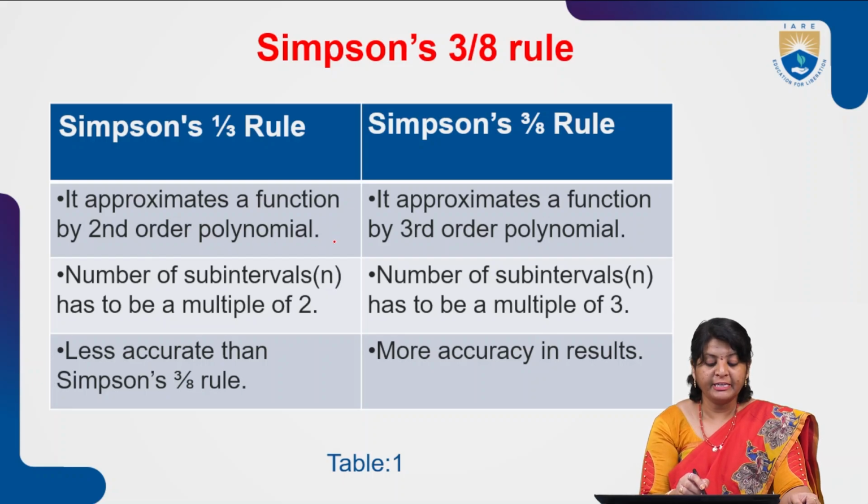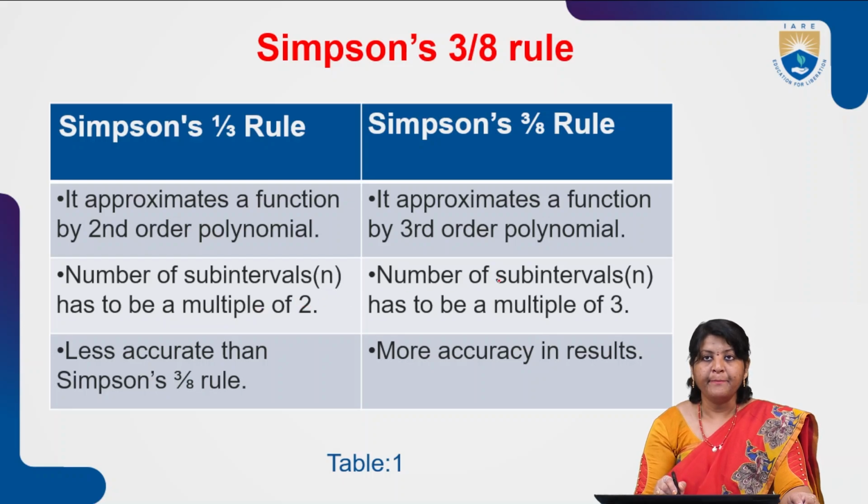Simpson's 1/3 rule approximates a function by second order polynomial, and Simpson's 3/8 approximates a function by third order polynomial. In Simpson's 1/3, the number of subintervals n has to be a multiple of 2.